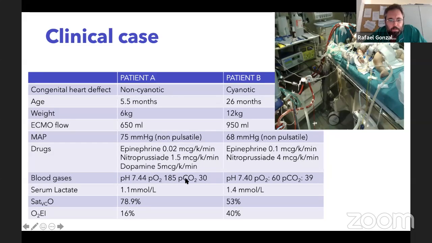We can see how blood gases look similar in both. We get serum lactate with normal range. Venous saturation was lower and oxygen extraction was higher in the patient with cyanotic cardiopathy.